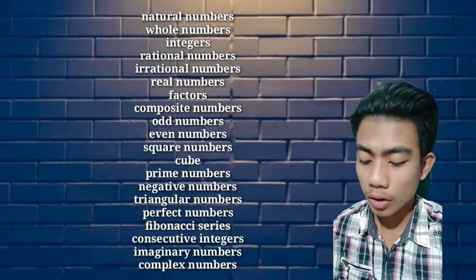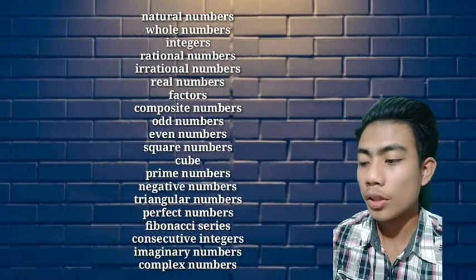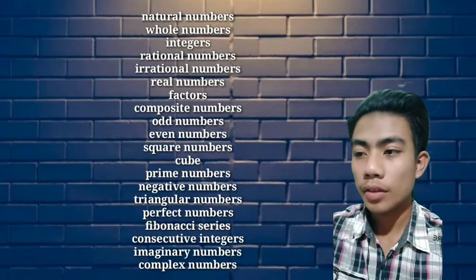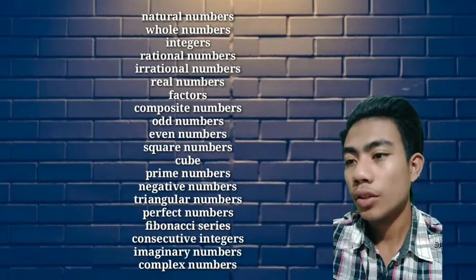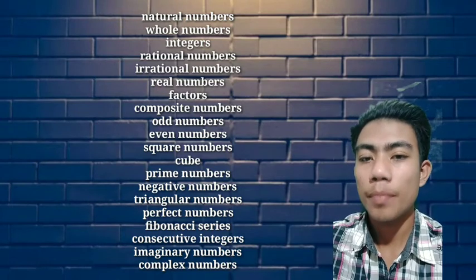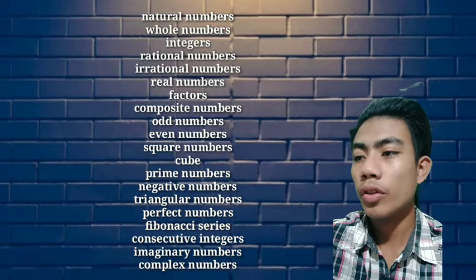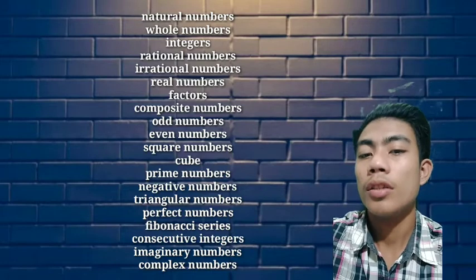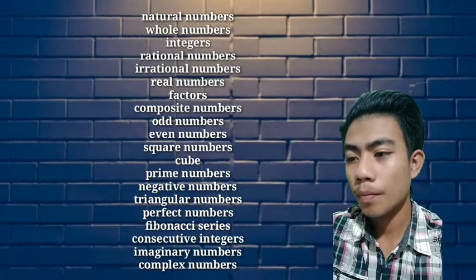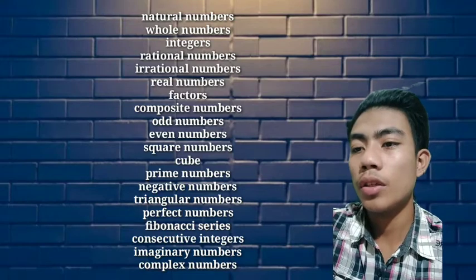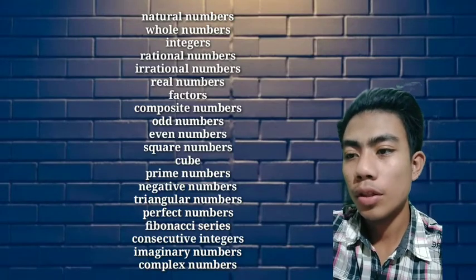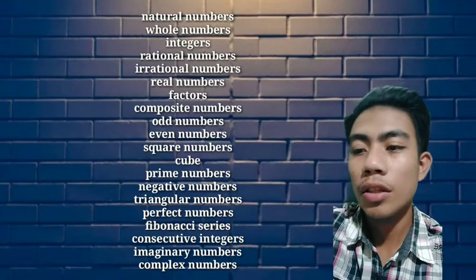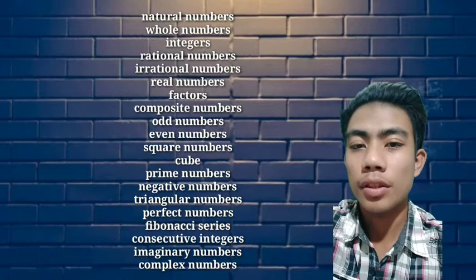Those are the natural numbers, also called counting numbers, whole numbers starting from 0, the integers, the irrational numbers or transcendental numbers, real numbers, factors, composite numbers, odd numbers, even numbers, square numbers, cube, prime numbers, negative numbers, triangular numbers, perfect numbers, Fibonacci series, consecutive integers, imaginary numbers, and the complex numbers.